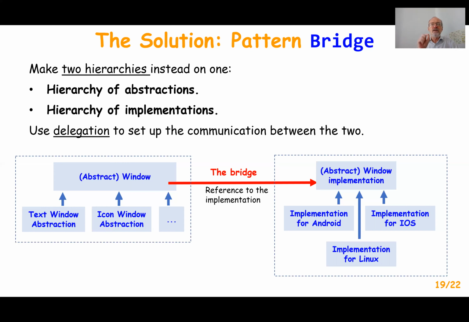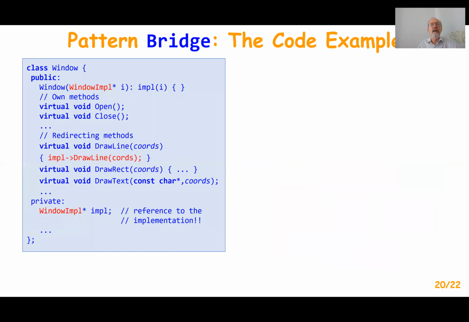And this is called the bridge. We build two hierarchies and make a bridge between them. This is the idea of the solution. This is just the idea, the scheme. Next, I'm going to show you the scheme of implementation of this abstract scheme. Look at the next slide.